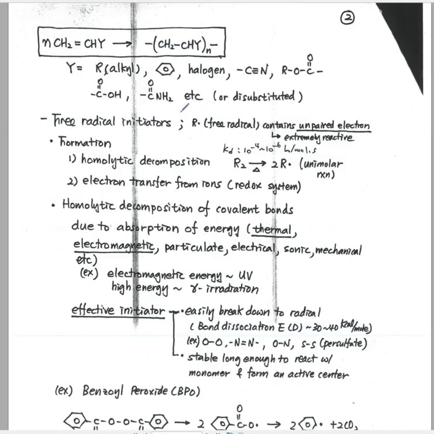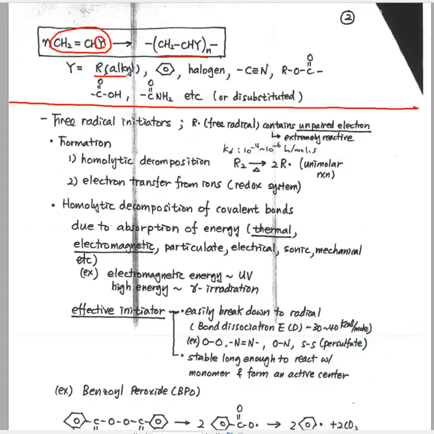Here are the common monomers and common polymers synthesized using free radical addition polymerization. As I mentioned, many vinyl polymers, these are vinyl groups, right, are made using free radical polymerization, forming this kind of polymer. We could have different Y functional groups.